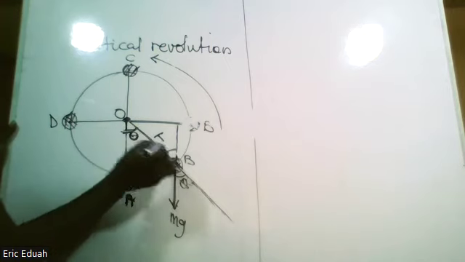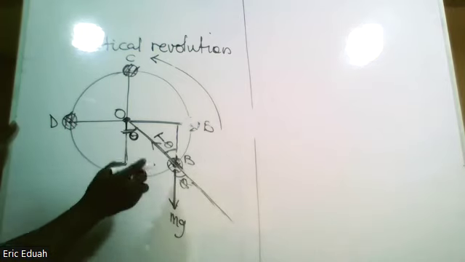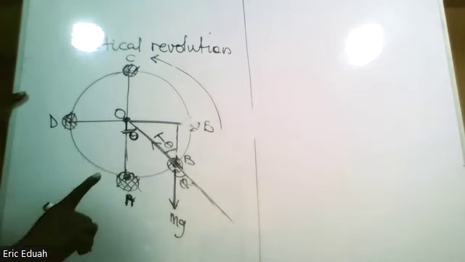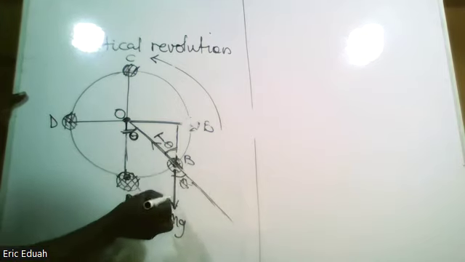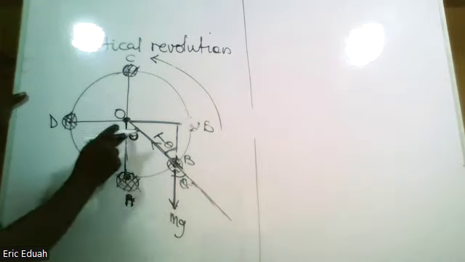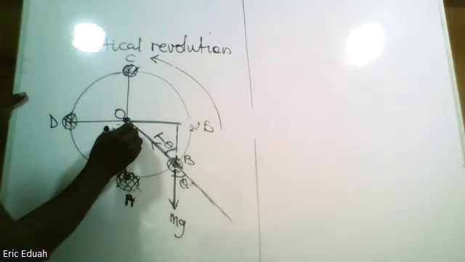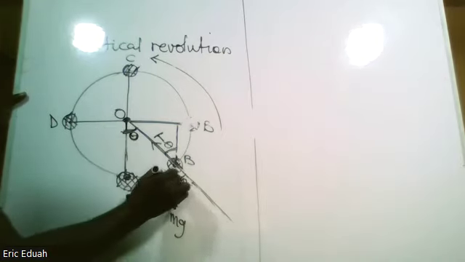So if this is theta, this is also theta. And by vertically opposite angle rule, this angle is also equal to this. So either you pick it using alternate angle or corresponding angle approach.